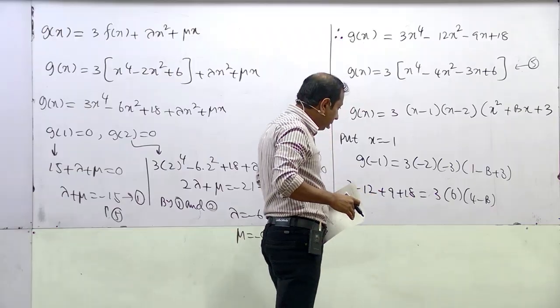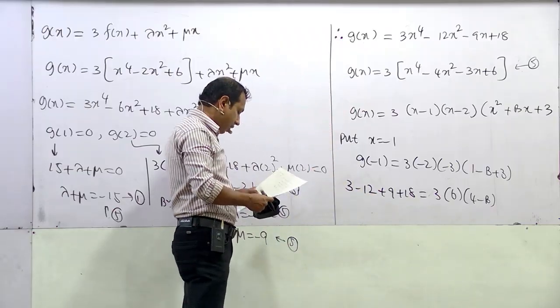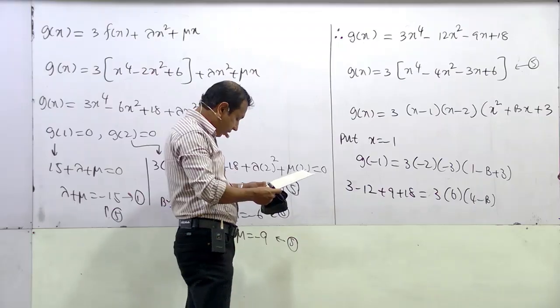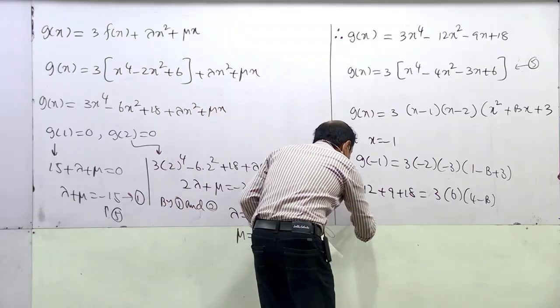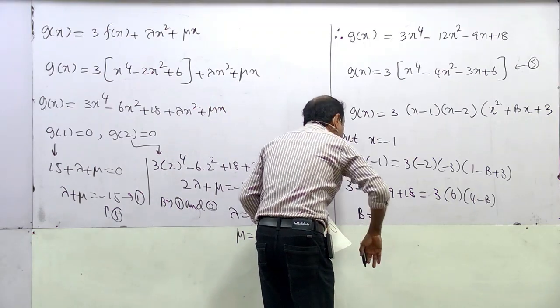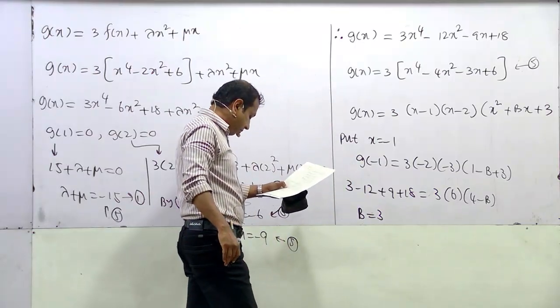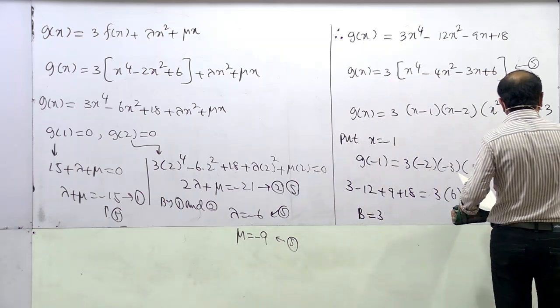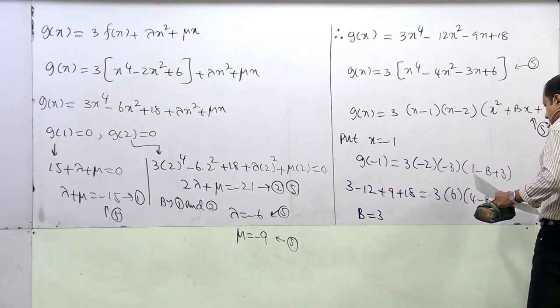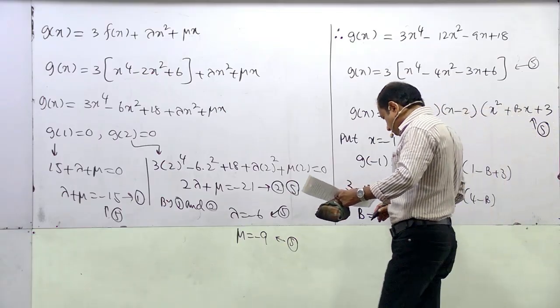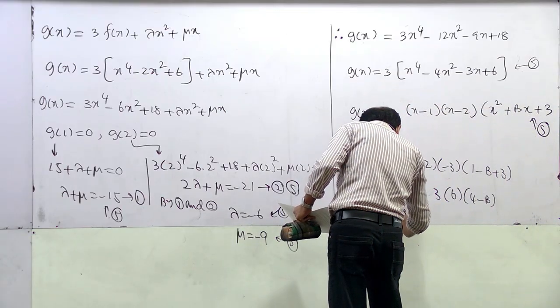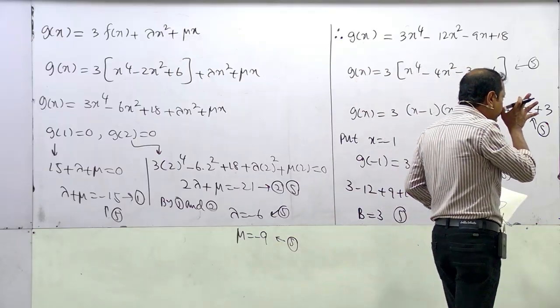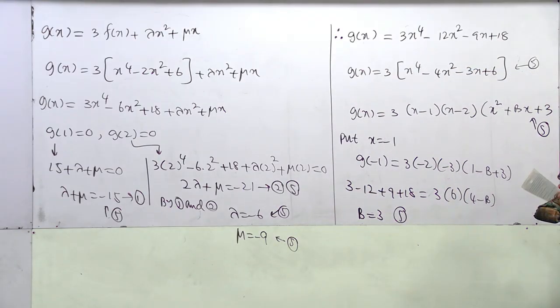Okay. When you simplify this, you get the answer for b. b comes as 3. b comes as 3. Right. b is 3. Right. Okay, write in this way, 5 marks you get. And answer for this b, another 5 marks. Right. Another 5 marks.